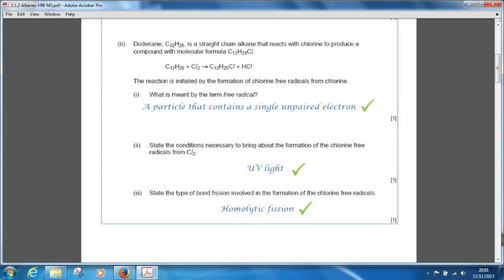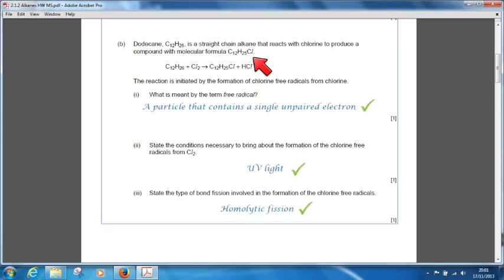Part B of this question is referring to dodecane. Dodecane is decane with 2 extra carbons, which will give you 12 carbons and 26 hydrogens, again according to CnH2n+2. We're told it's a straight chain alkane that reacts with chlorine, Cl2, to produce a compound with the molecular formula C12H25Cl.